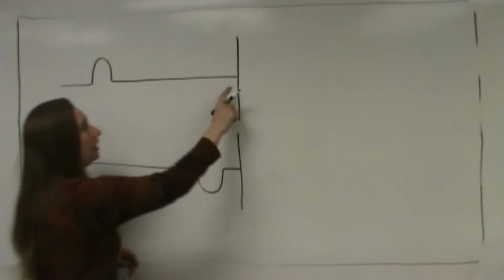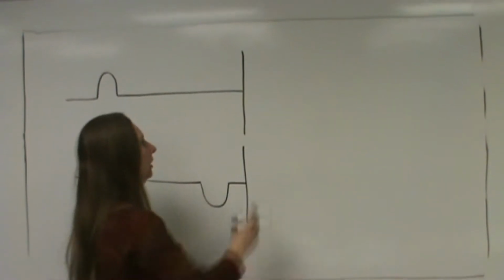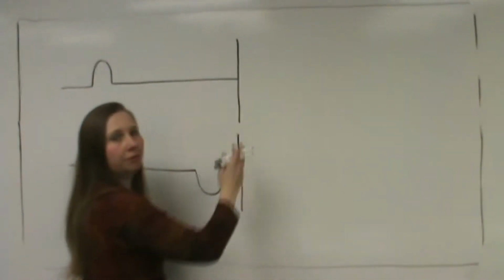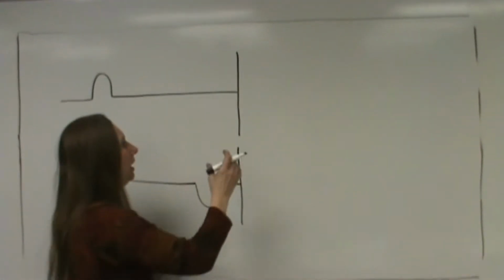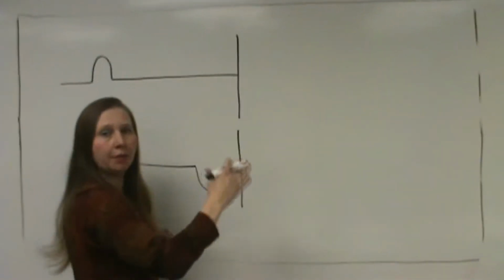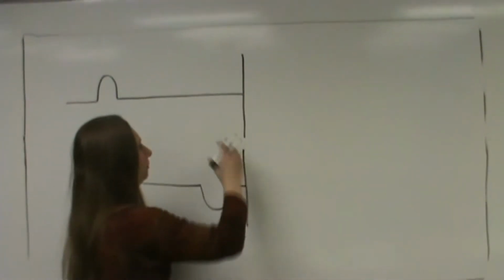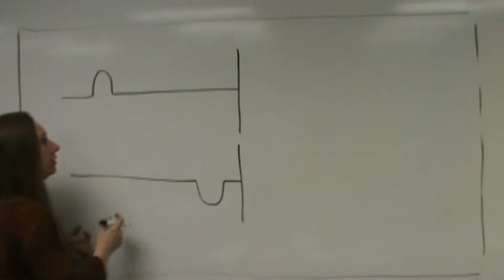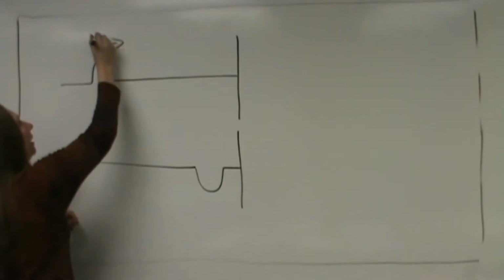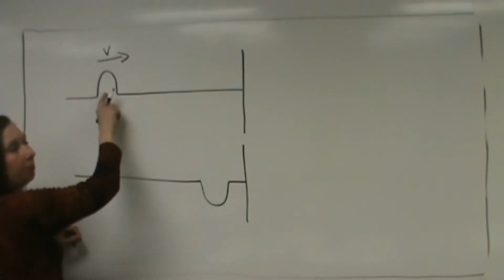Again, you're sending it toward a rigid wall, a material that is more dense and unable to move. When it returns, it's going this way. This is the original velocity, and it's up on top.